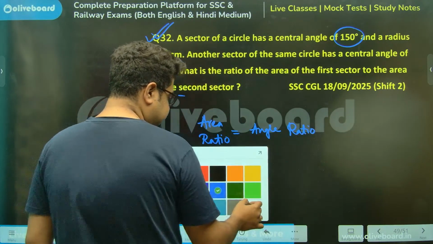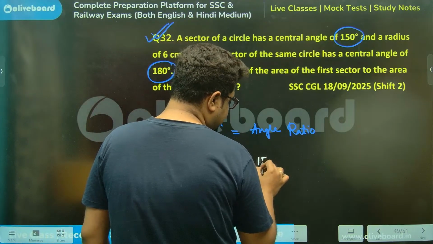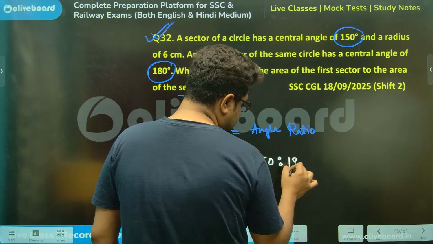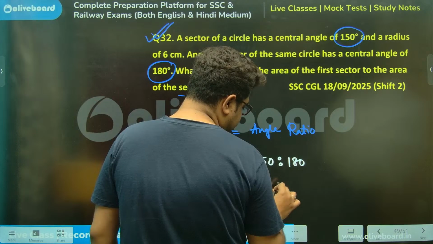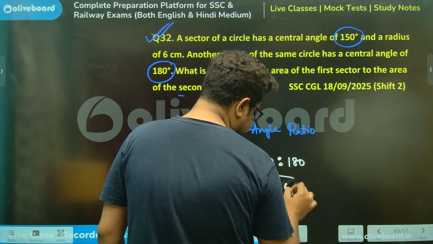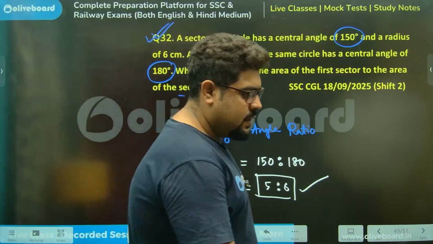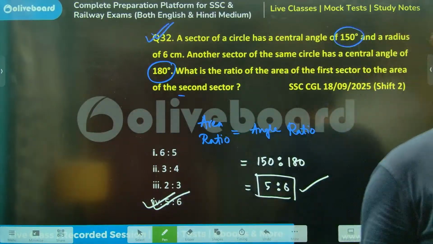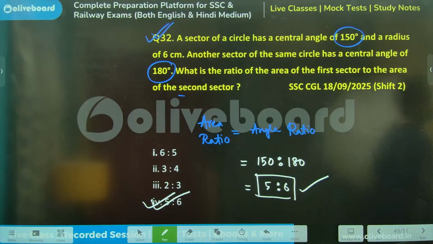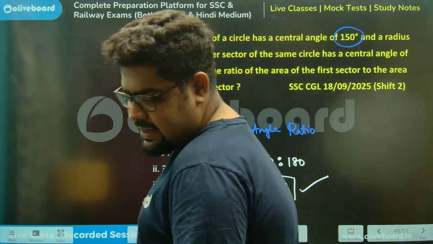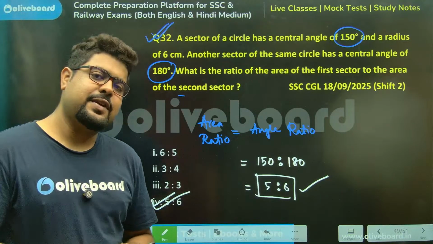That means it will be 150 is to 180, 5:6, sir. You will say done and dusted, option number 4. Clear, everyone? Not a very difficult question.